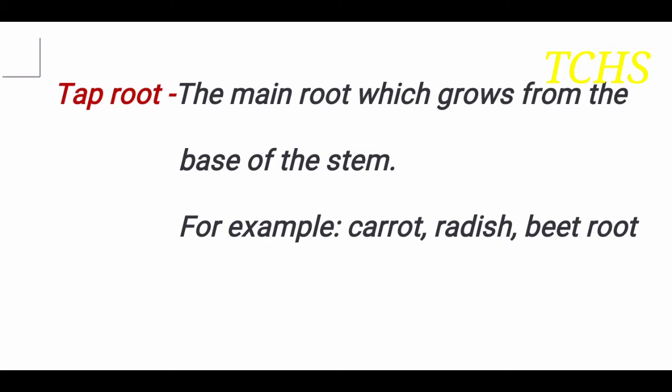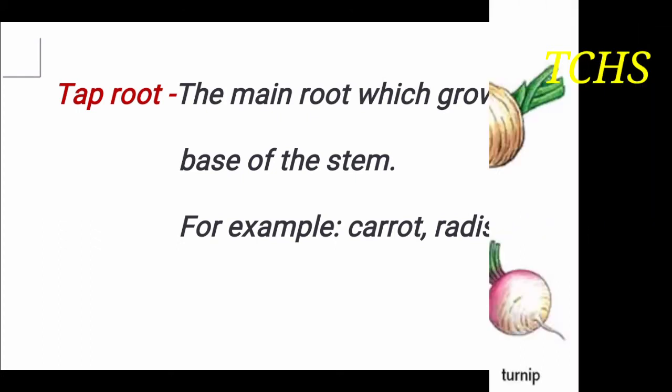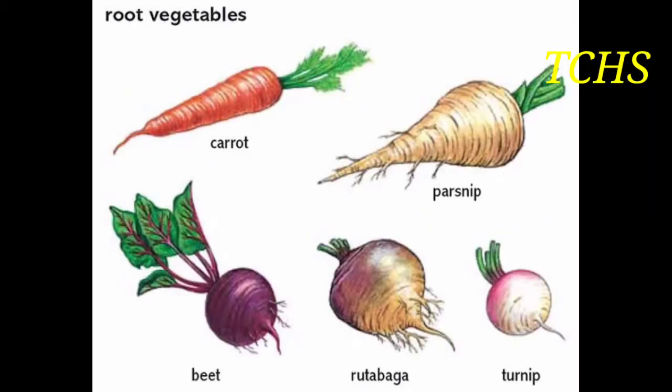Balsam means tulsi plant. Beans, radish, beetroot. These are the examples of taproot. Children, see this picture. These are the taproot pictures. Carrot, beetroot, turnip.